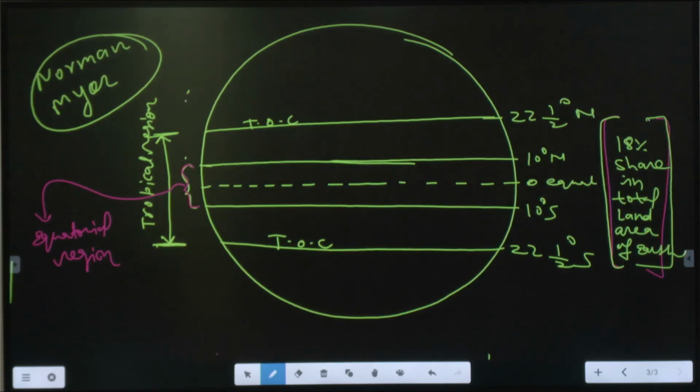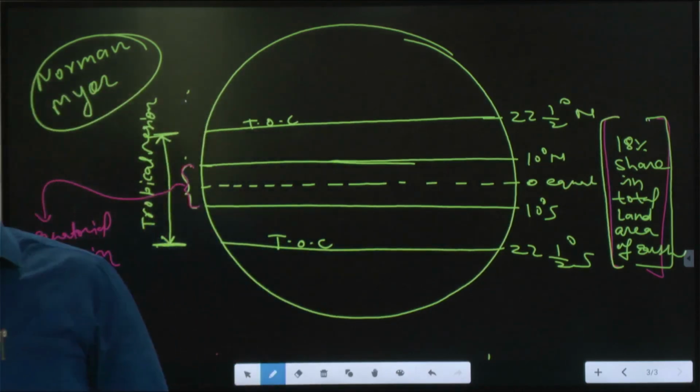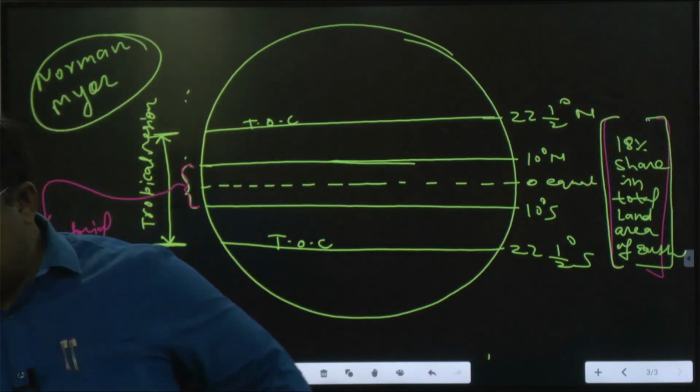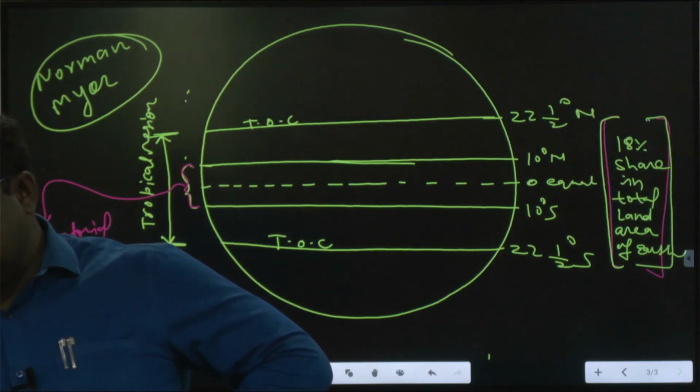and you should write down these 4 hot spots of India. What are these 4? Eastern Himalaya. First one is Eastern Himalaya. Second one, Western Ghat.